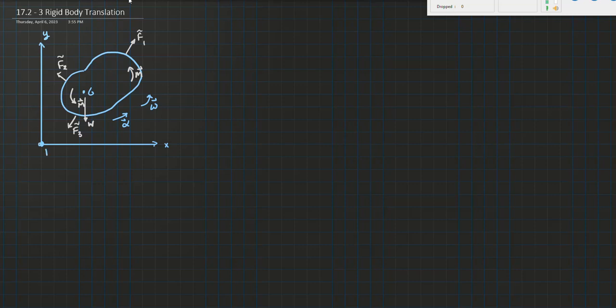So let's look at this whole thing with respect to a fixed reference frame, P. So P is fixed. And let's develop our equations of motion for translation.